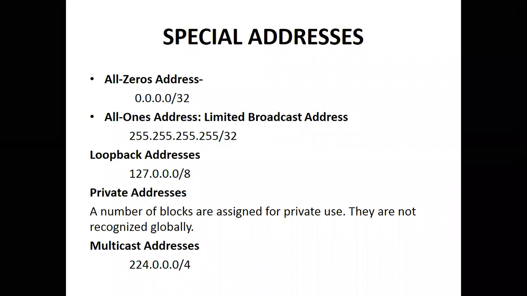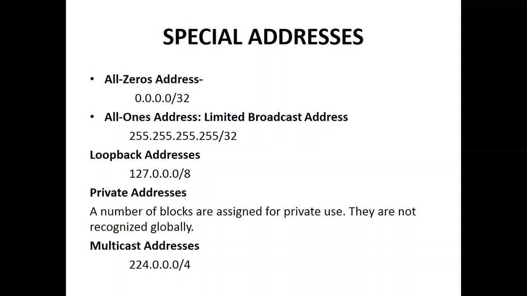This loopback address is used in a network for testing purposes. It is used to test the software on the machine. And when you want to check whether the IP address is active or not on the destination side, at that time you use ping.